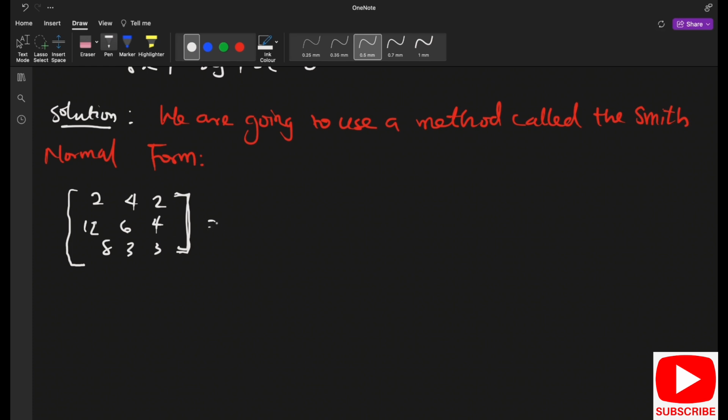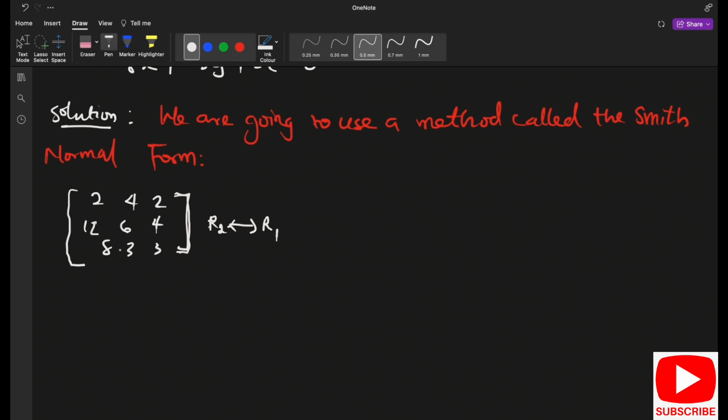Let me exchange row 2 with row 1. The reason is that if you look at the diagonal, 12 and 3, you can easily divide 12 by 3, and you can divide 4 by 4, 2 by 6. So you don't really know which one you should use as the pivotal element.